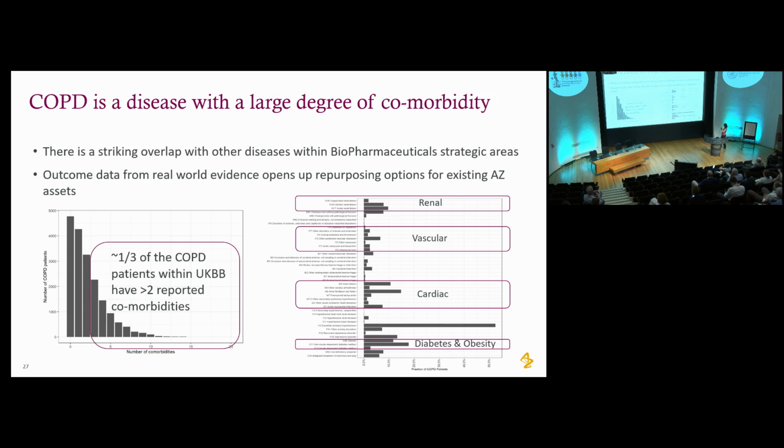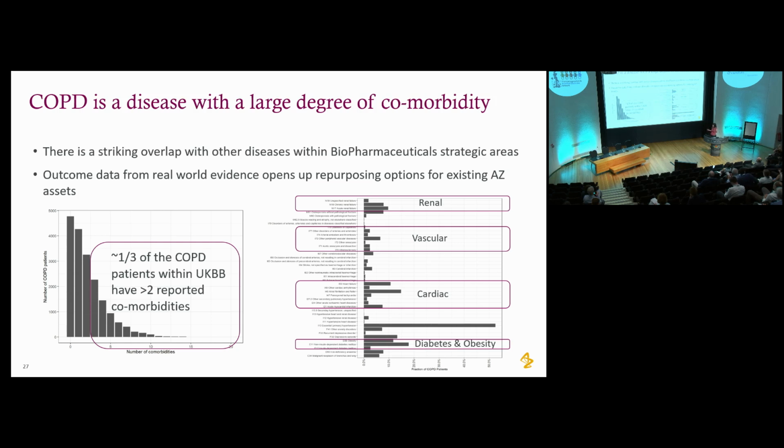So we do this type of analysis by looking at the UK Biobank, and more specifically at the COPD patients in there. So we have around 18,000 COPD patients in there. And a first interesting finding is that approximately 1/3 of the COPD patients in UK Biobank have more than 2 reported comorbidities.